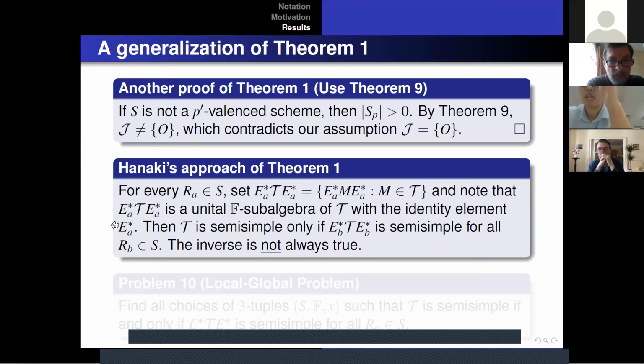Then he showed that if T is semi-simple, then E_B* T E_B* is semi-simple for all R_B belonging to S. However, he also has an example showing that the converse is not always true.